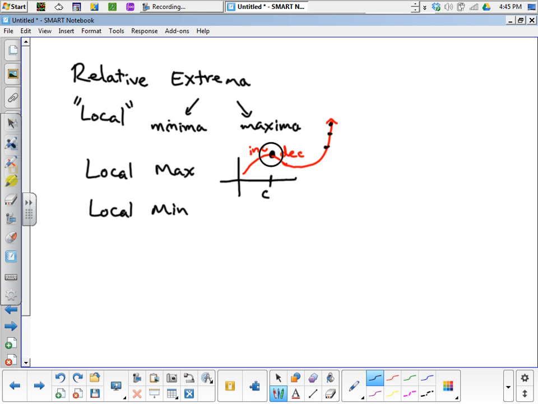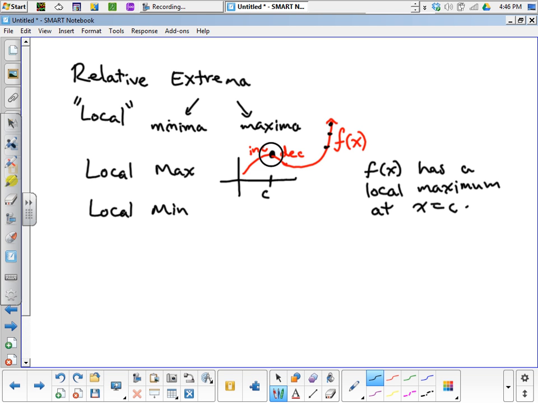So this might be the point c, f of c. Here's how you would write it. Let's say this is the function f of x. You would say, f of x has a local maximum at x equals c.